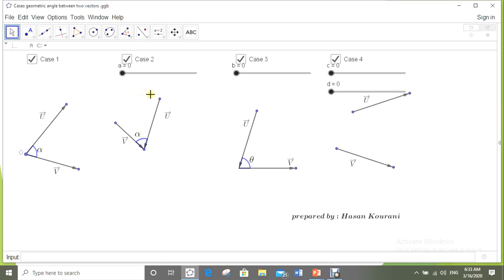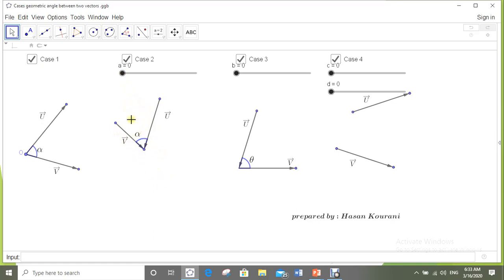We need to find the geometric angle between u and v, but we need them positioned at the same origin. In order to get this, we try to change the position of u and v to get them at the same origin.